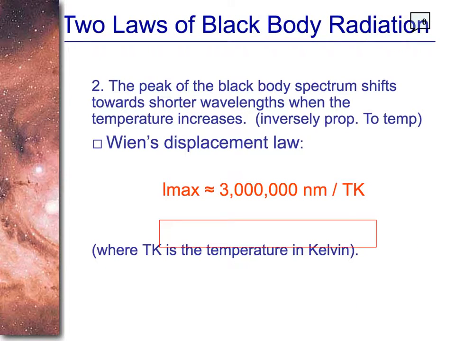The second law should actually be relatively intuitive at this point, since you know the relationship between energy and wavelength, and thus frequency and wavelength, because they're inverse. As the temperature increases, the black body spectrum, remember the peak of the highest wave, is going to shift towards shorter wavelengths.